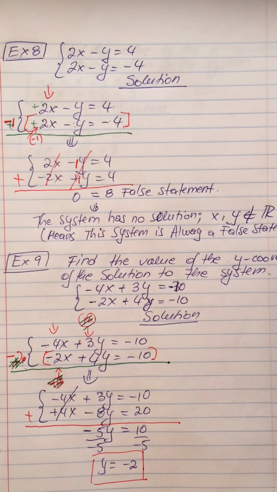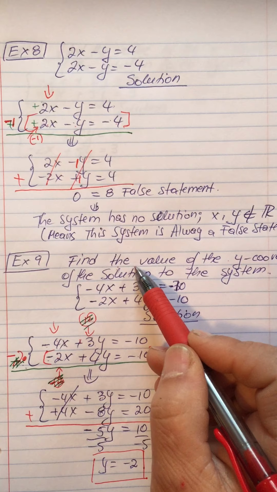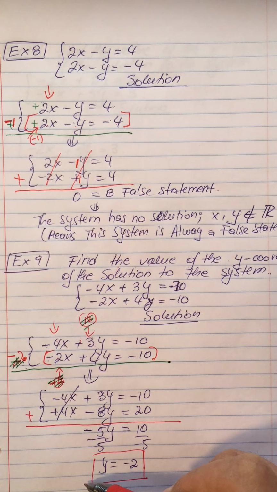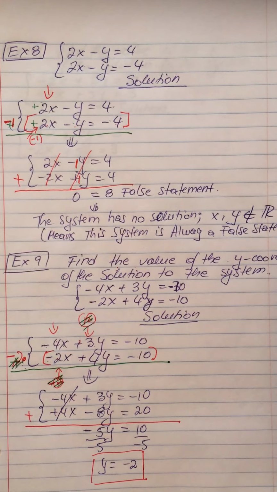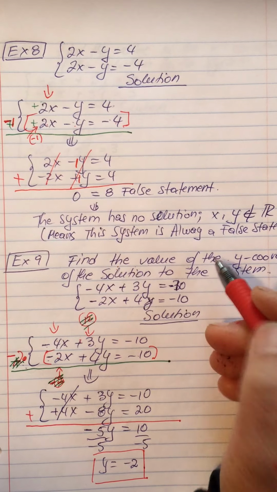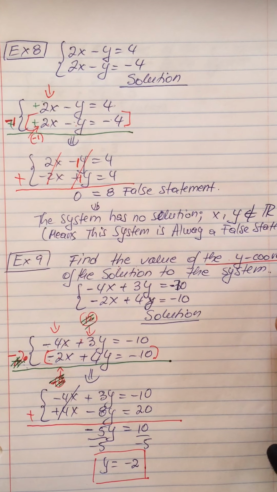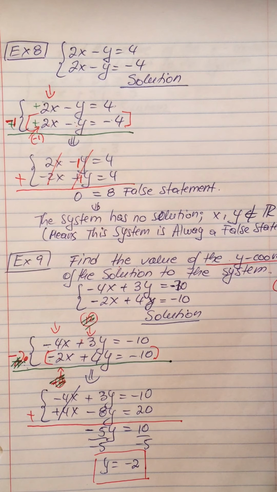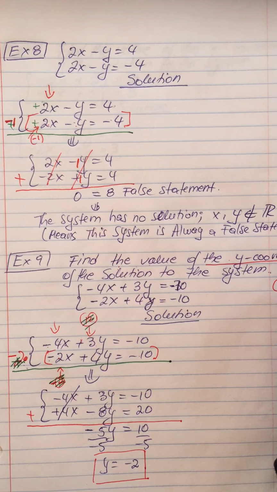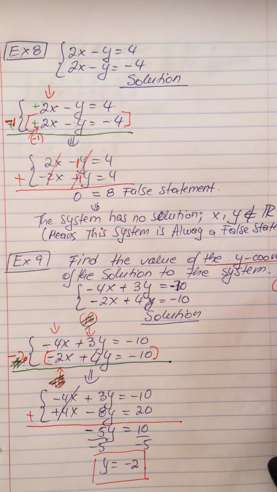And I was lucky because the question is exactly the job that I just did. The question of this problem is a little bit different from the other questions. Here it is to find the value of the y coordinate. So what does this mean? This is asking us not to do two jobs, just to do only one job: to find the value of the y coordinate, not x.